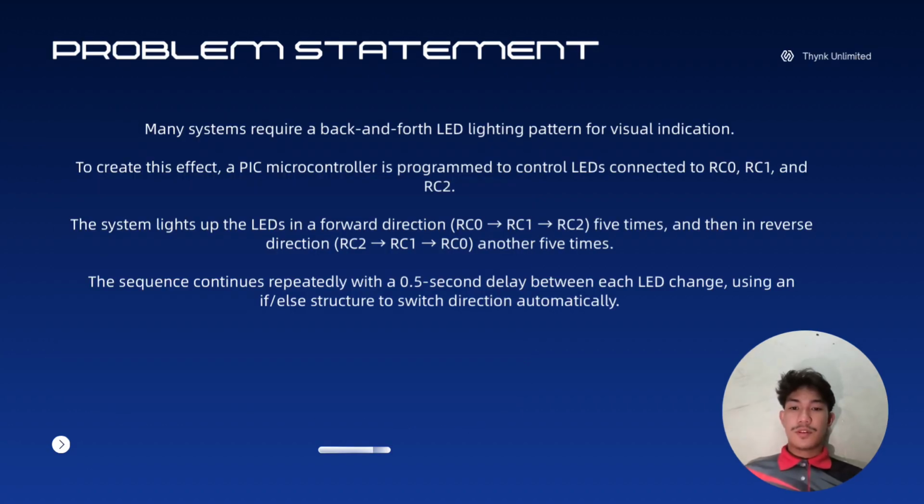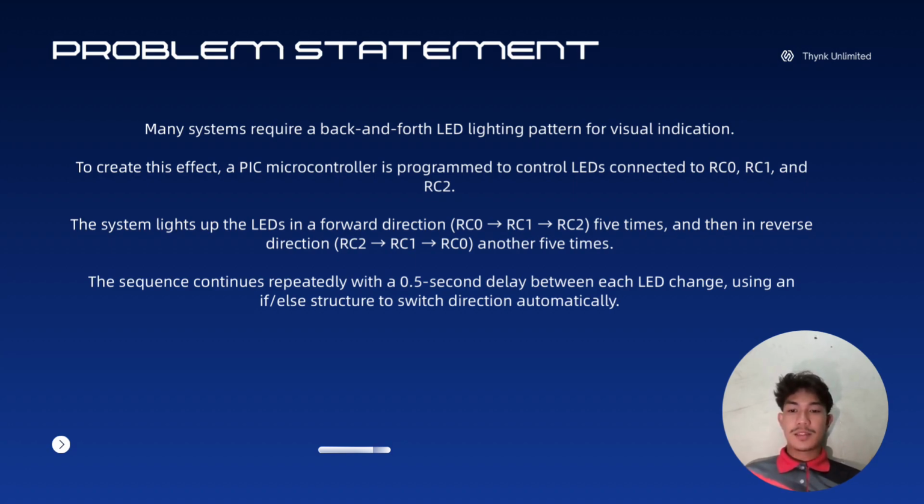Okay, so for the problem statement, many systems require a back and forth LED lighting pattern for visual indication. To create this effect, a PIC microcontroller is programmed to control LEDs connected to RC0, RC1, and RC2.